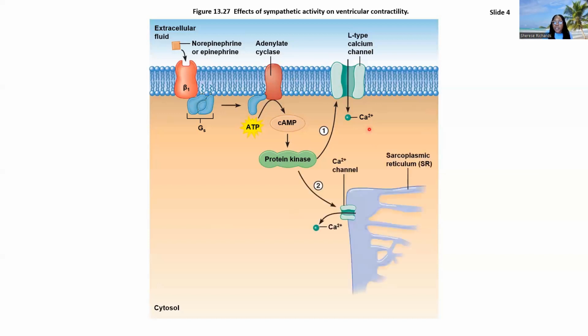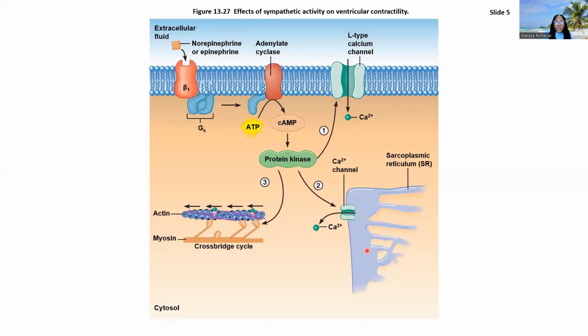The second factor is opening up the calcium channels on the SR, which also makes sense for the same reasons. Because there are two sources of calcium here, opening up both of those channels for longer will increase the amount of calcium entering the cell and the amount of contraction. The third one is the myosin ATPase rate.